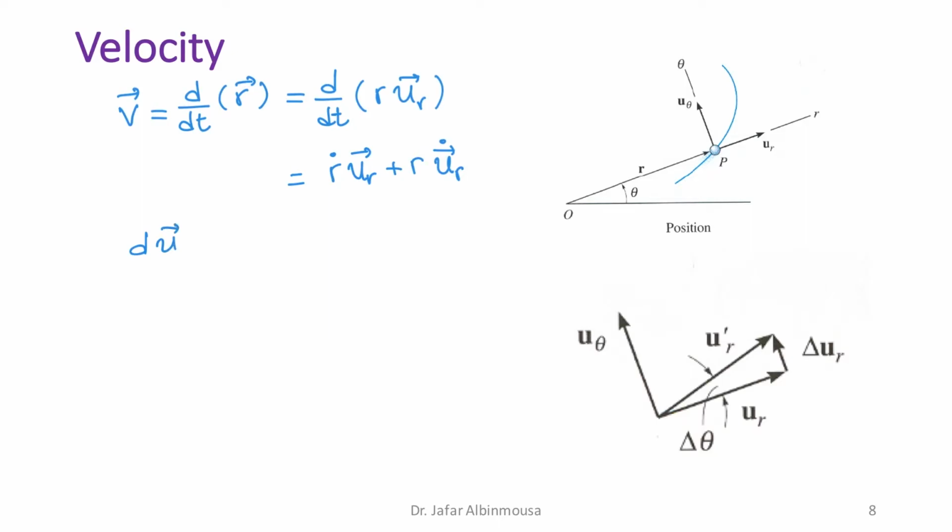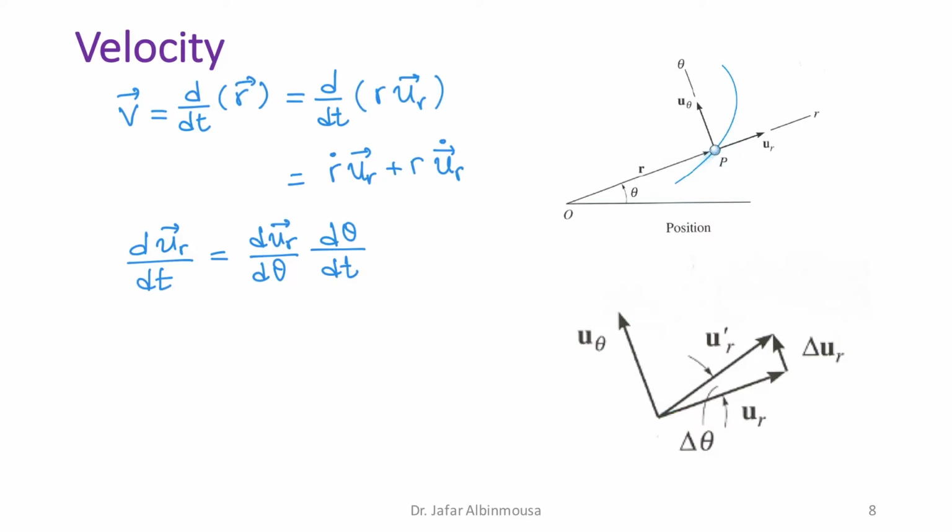So this is dur over dt, which is equal to dur by d theta multiplied by d theta divided by dt.